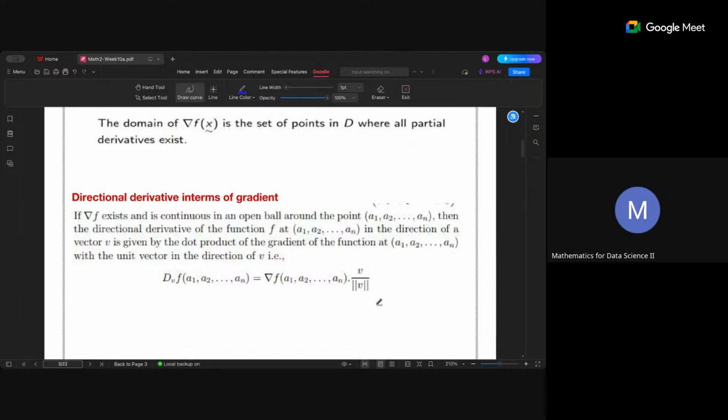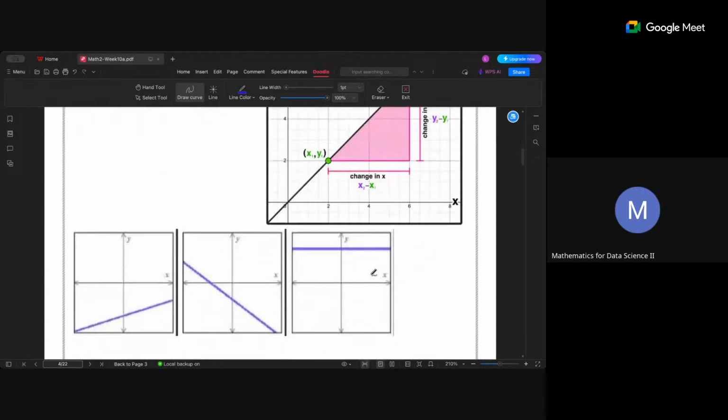What is the unit vector in the direction of v? It is nothing but v by norm v. If you are given any vector and asked to find the unit vector in that direction, how will you find it? Simply do v by norm v. Okay, fine. So these are the things we have already seen.